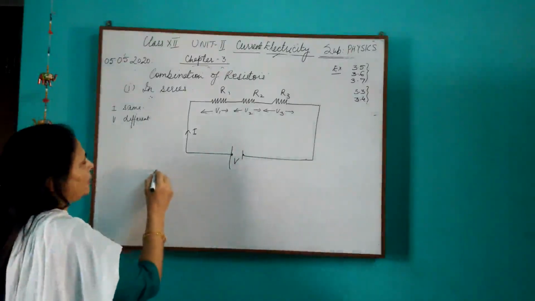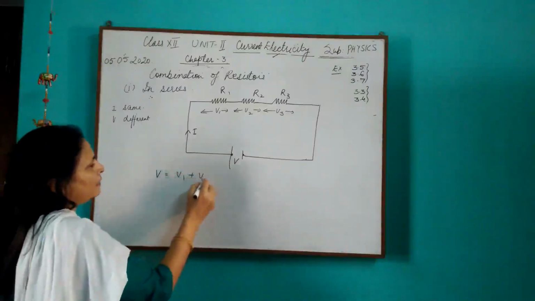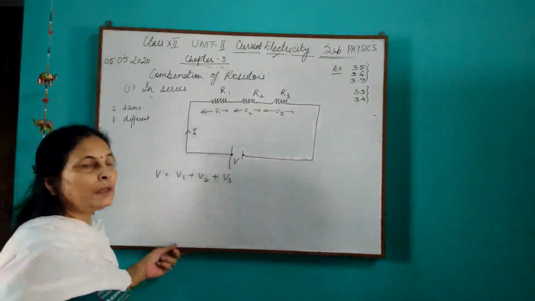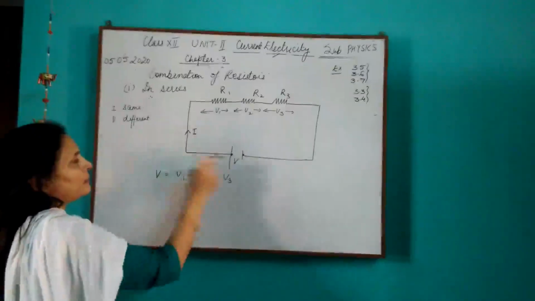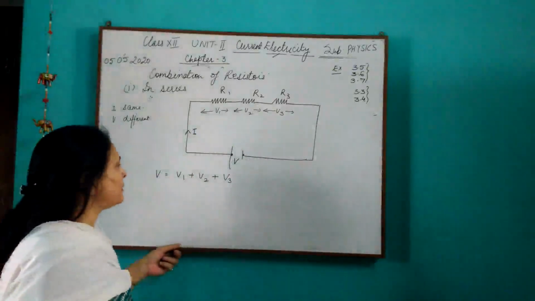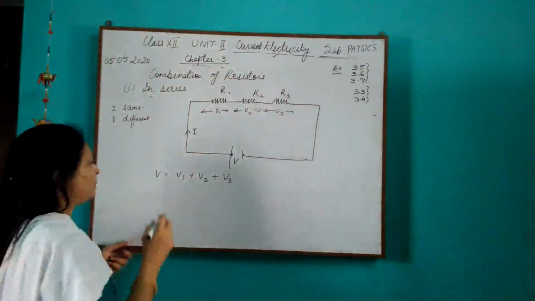Now total V must be equal to V1 plus V2 plus V3. Here we are assuming that the resistance of the connecting wires can be neglected. So V is equal to V1 plus V2 plus V3.